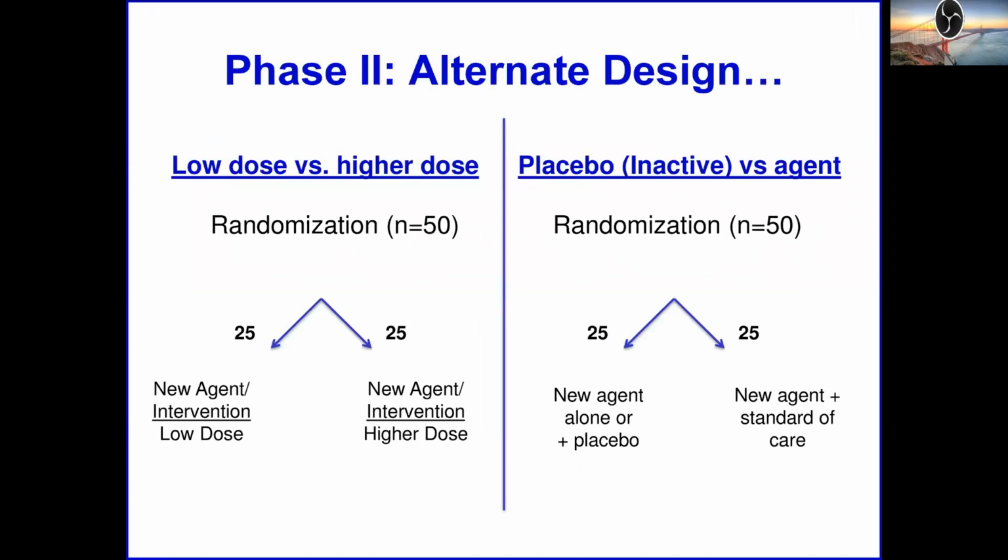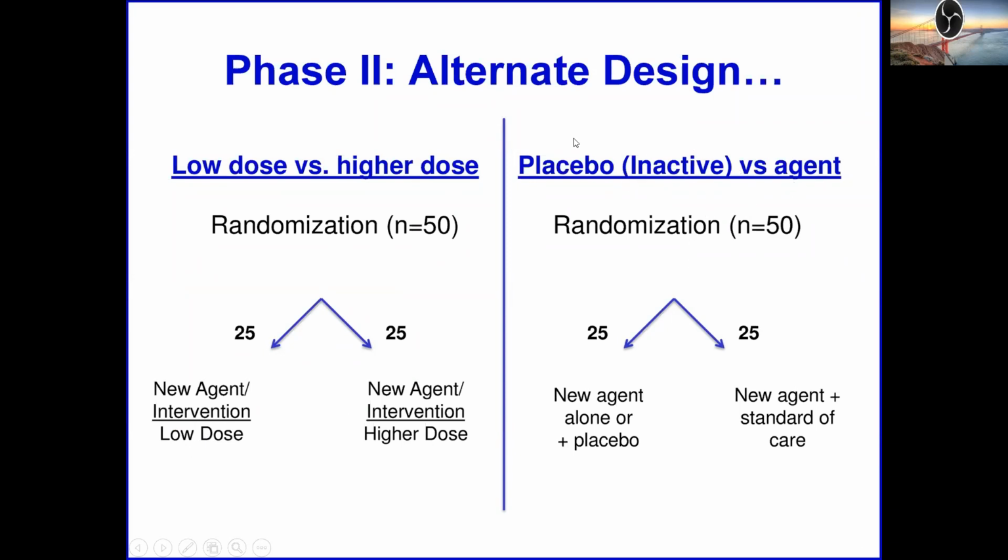Okay, so the other designs which can be considered in phase 2 are a low dose versus a higher dose, comparing the low dose in a good number of patients with the higher dose, or the placebo versus the active agent.